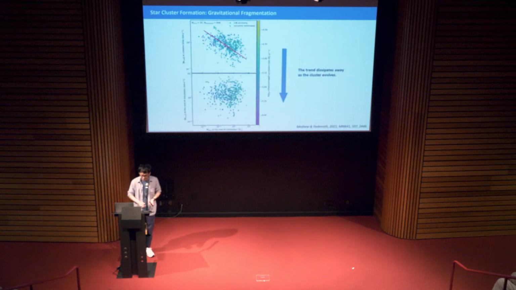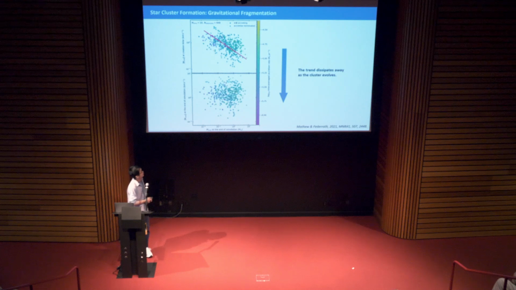This trend is not only observed in Bonnell et al., it's also observed in other simulations like Matthew and Federer 2021. On the top is the initial moment, the early moments of a star cluster's formation, and we also see this trend. But furthermore, they also observe that as the cluster evolves over time, this trend gradually dissipates.